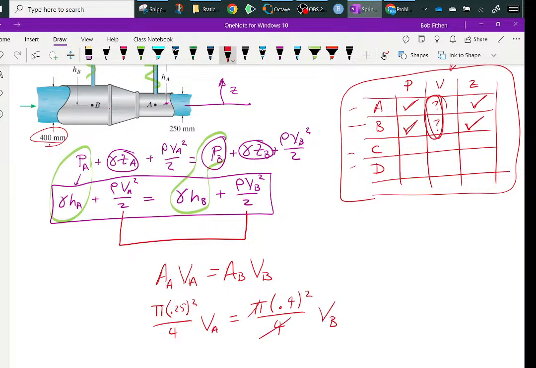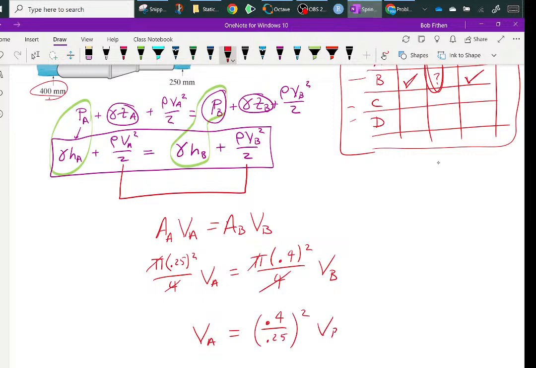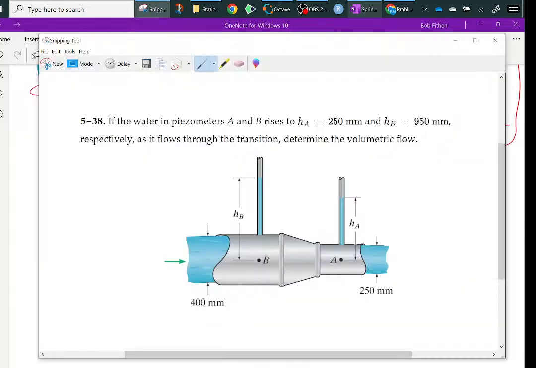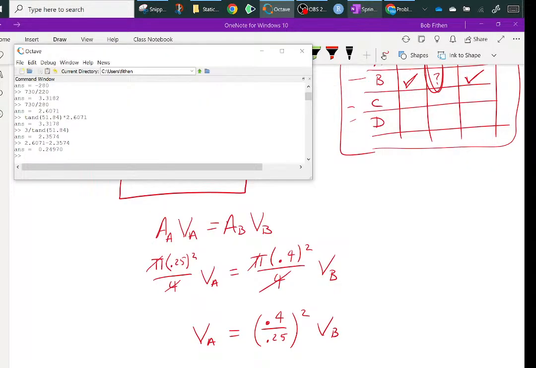So those cancel. So I don't know. I'm going to put VA is equal to 0.4 divided by 0.25 squared, VB. Let's see. So that is not. Well, where we go? All the way to here.